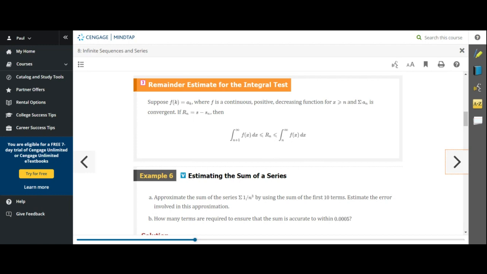So on that note, let's look at this last example. You can keep the theorem there in front of you if you want.